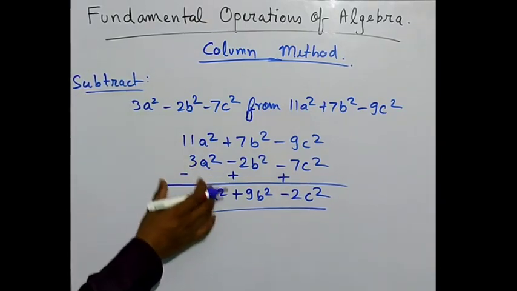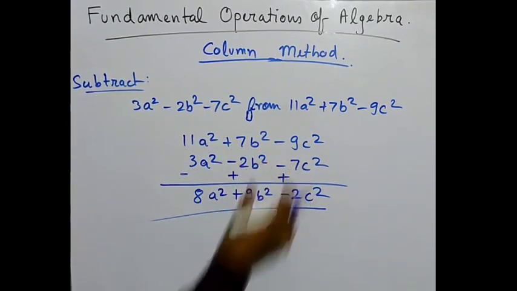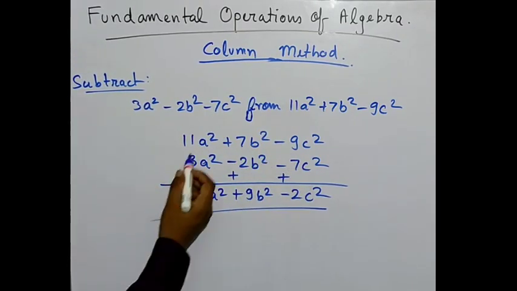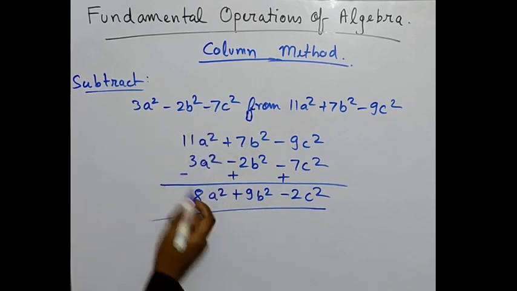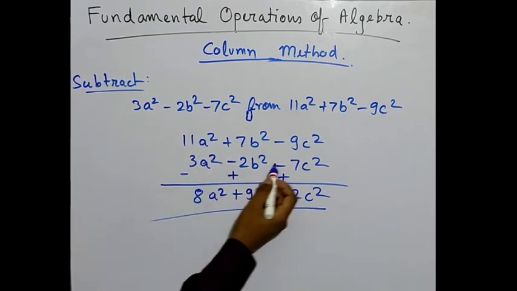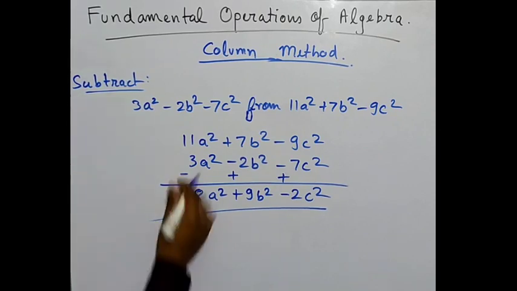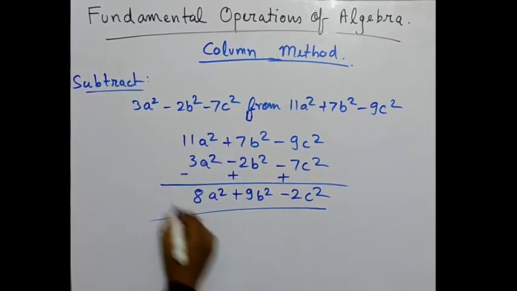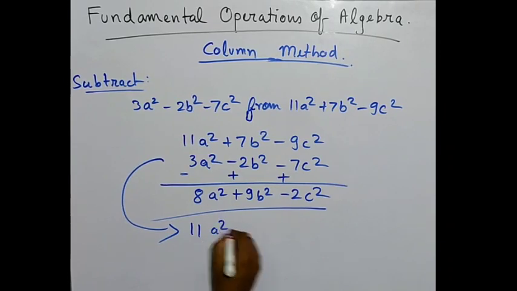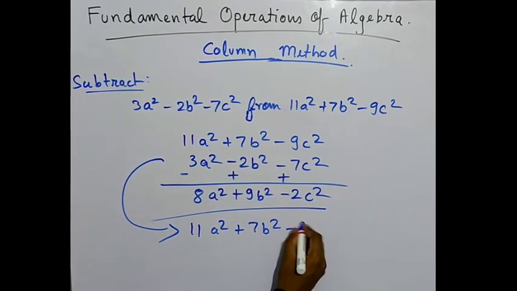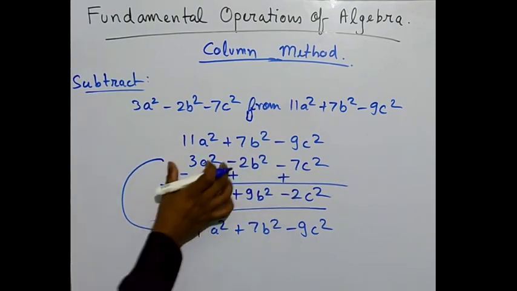Now if you are confused to add in this order, you can simply write this expression again by changing the symbols, by writing the negatives down below. So instead of writing this way, you can write 11a square plus 7b square minus 9c square, and directly you write the negatives of this expression.